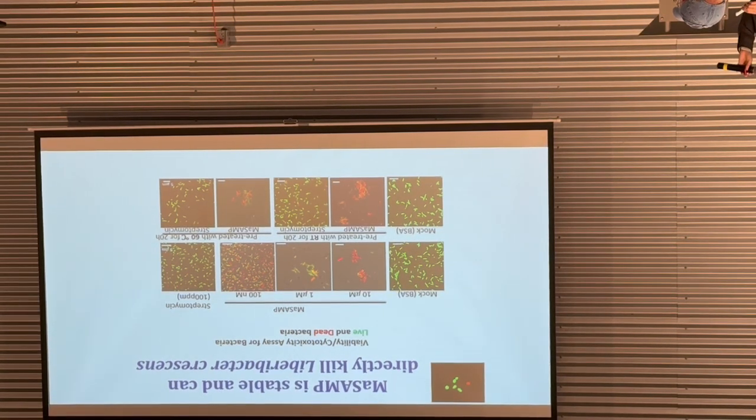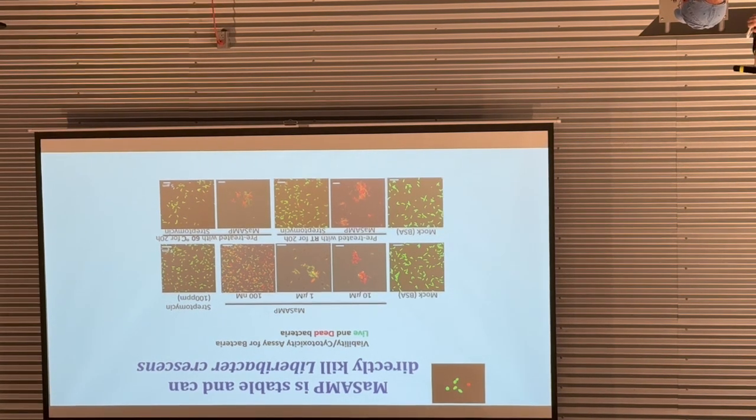Even if you heat it, the peptide still preserves its activity to lyse the bacteria. We believe this is important because if we are delivering a product to use in the hot weather in the field, heat stability is pretty important as a molecular property.